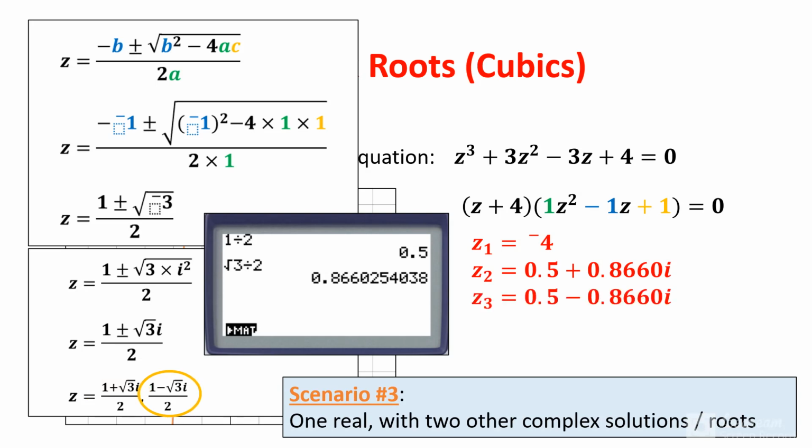And my third solution comes from this solution, which I'm again writing in decimal form, 0.5 minus 0.8660i. So those are my three solutions. One is real and two are complex solutions. Keep in mind, some people really prefer to write solutions left in surd notation. You can do that or decimal, it doesn't matter.